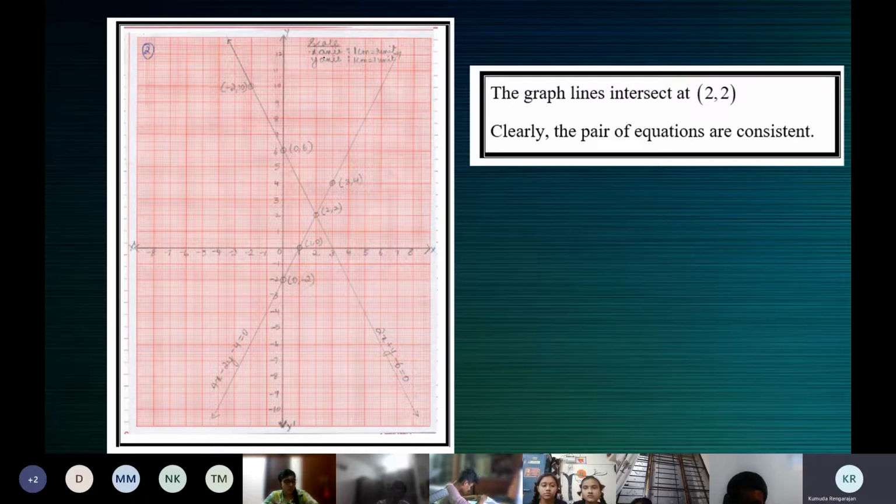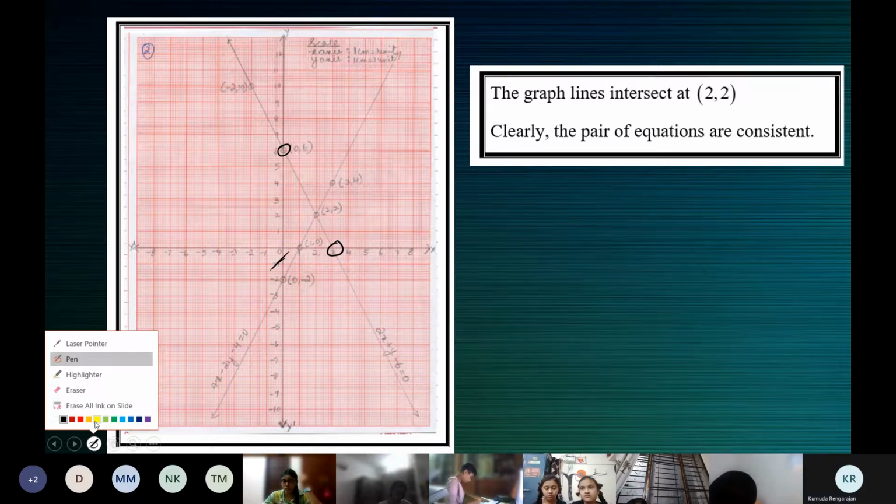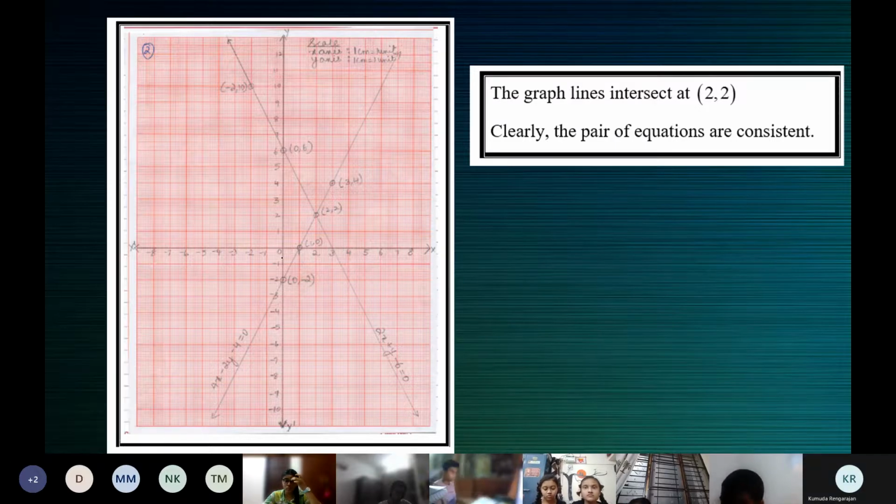Because see here, this line is correct. It passes through 6 and 3, one of the lines. The other line passes somewhere above -1 like this. You can see it there. You made a mistake in marking. You have skipped, you've not marked this one.